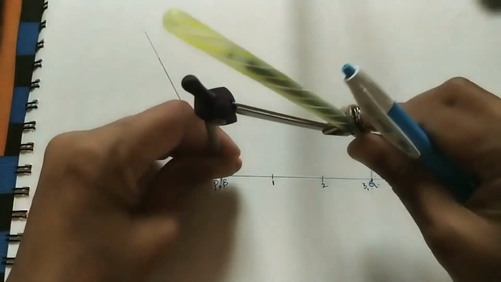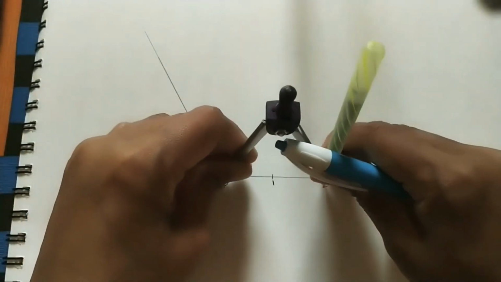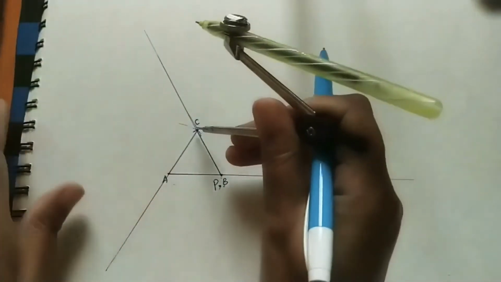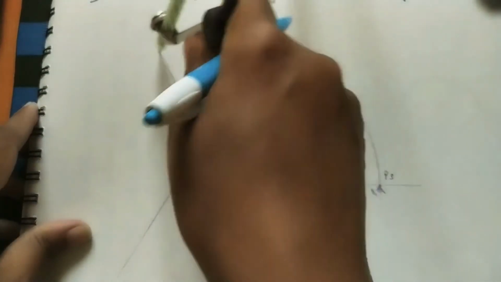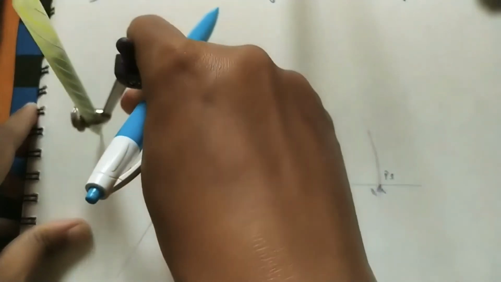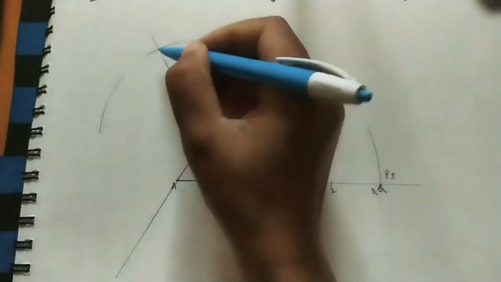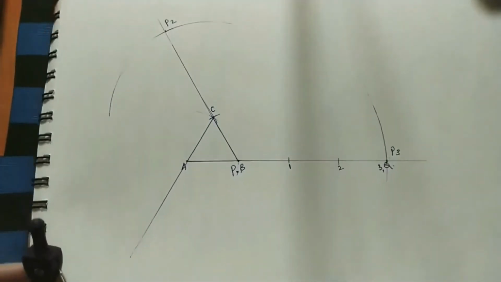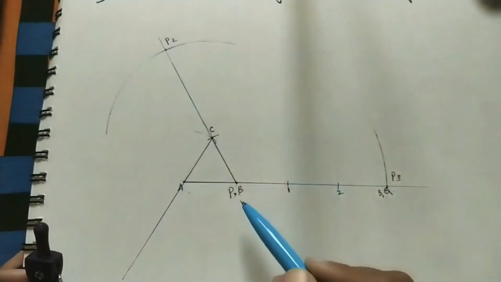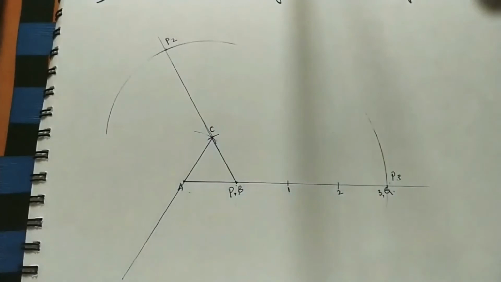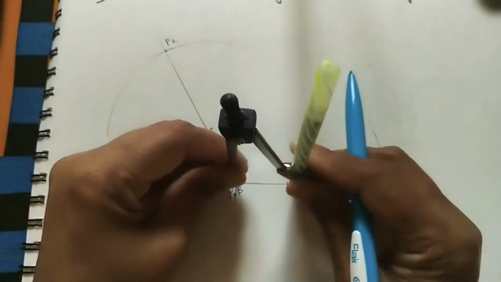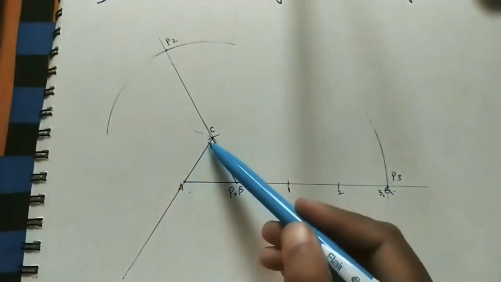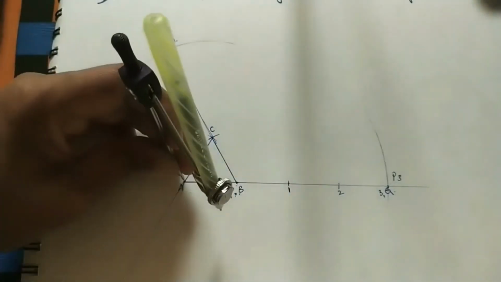Now P to 2 is the distance, and C is the center. We cut that line. And next, P to 1 is the radius, or length of side, 30 mm, and A is the center. We cut the A tangent.